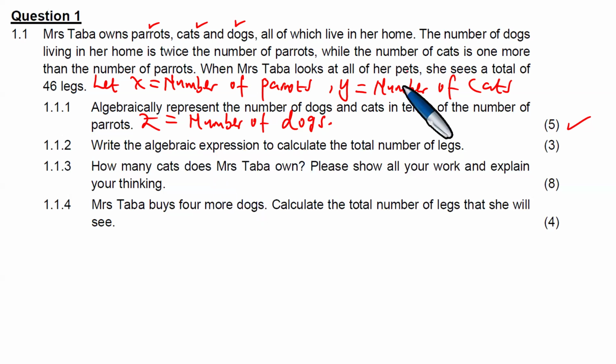What does this mean? If they say the number of dogs living in her home is twice the number of parrots, what does this mean? So simply, let's say for example, if we have 4 parrots, it means we're gonna have 8 dogs, because it's twice the number of parrots.